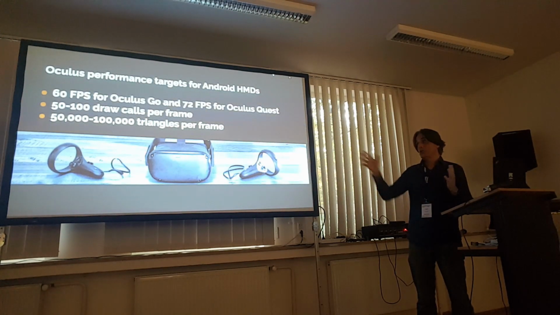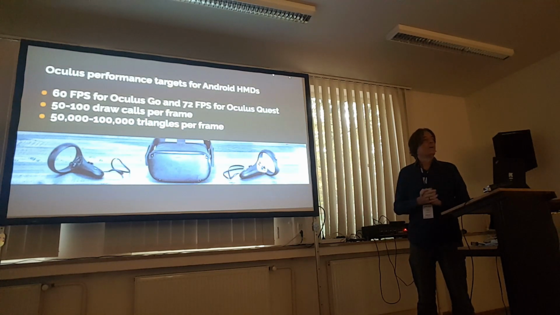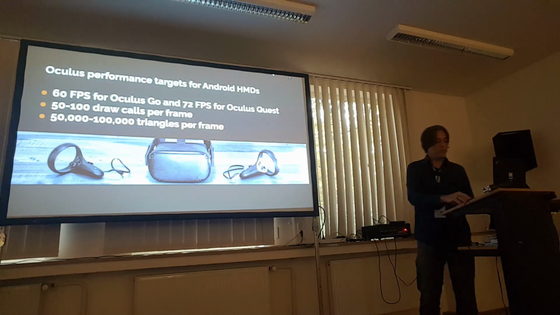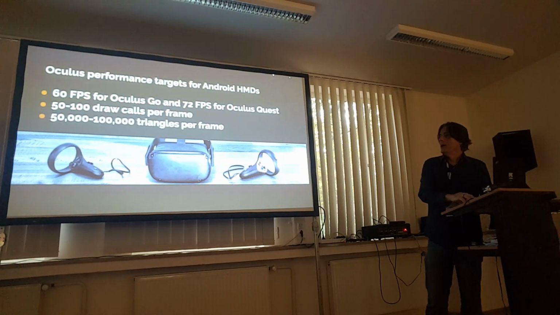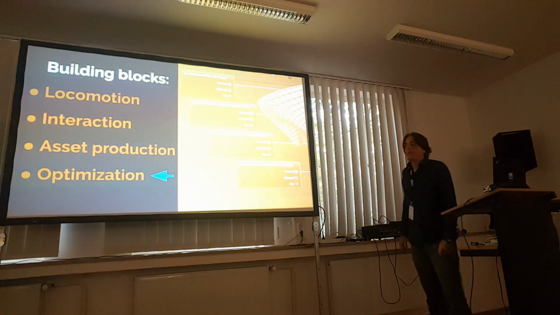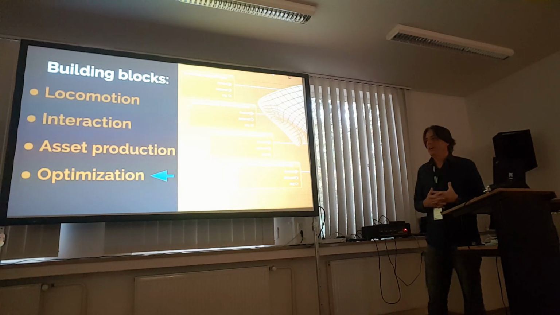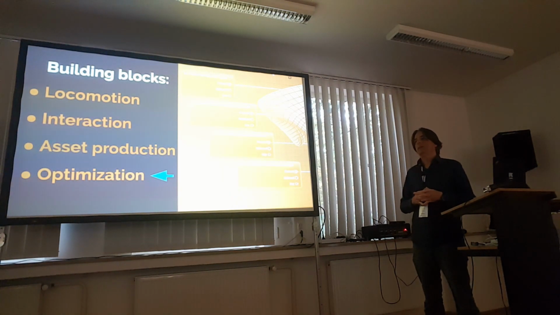Out of a budget of 150 to 100 draw calls, that's already quite a lot for just one asset. That's why we have to keep an eye on draw calls and texture usage, and why keeping your scene optimized is the most important thing for Android-based VR applications.